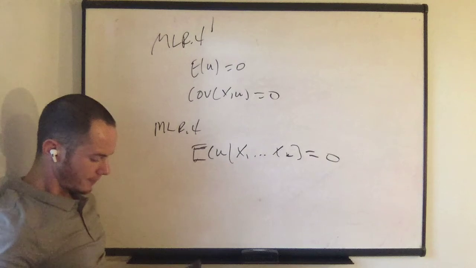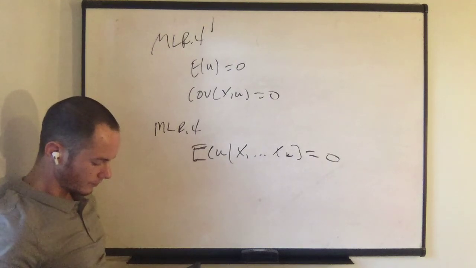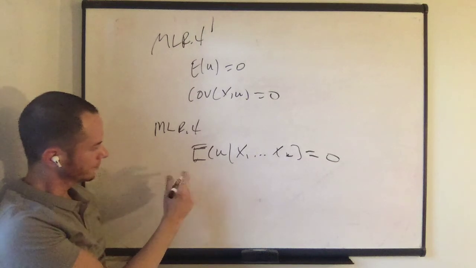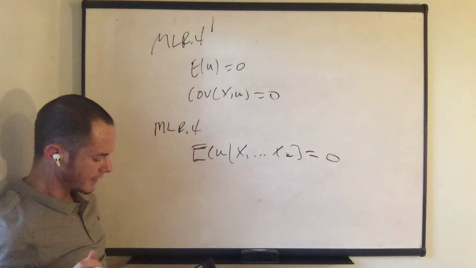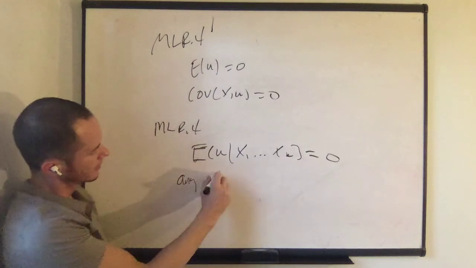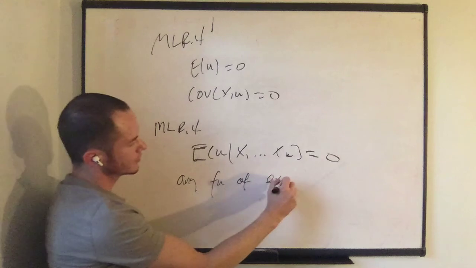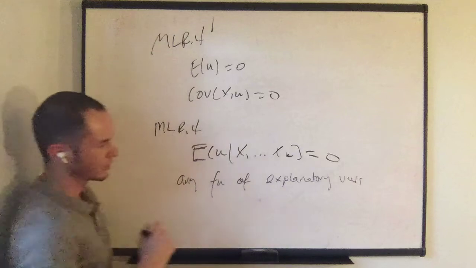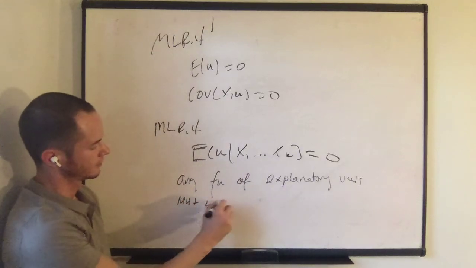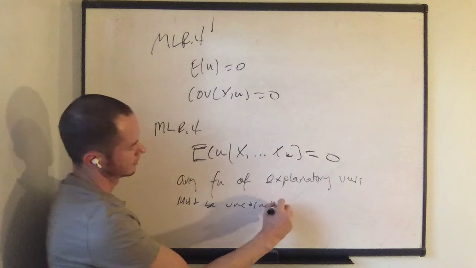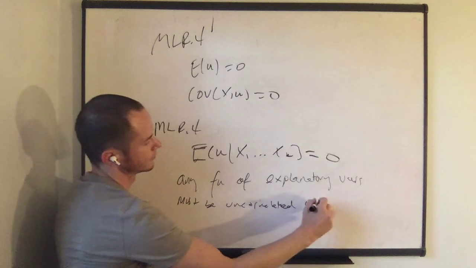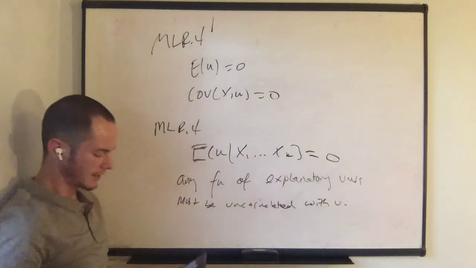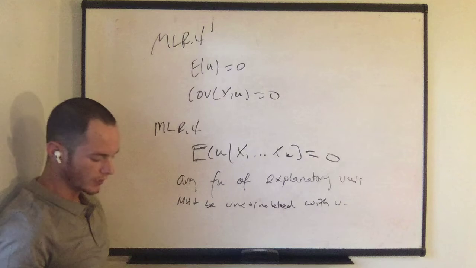It implies that any function of the explanatory variables must be uncorrelated with u, which is much more strict than what you have up here with the zero mean and zero correlation assumption.